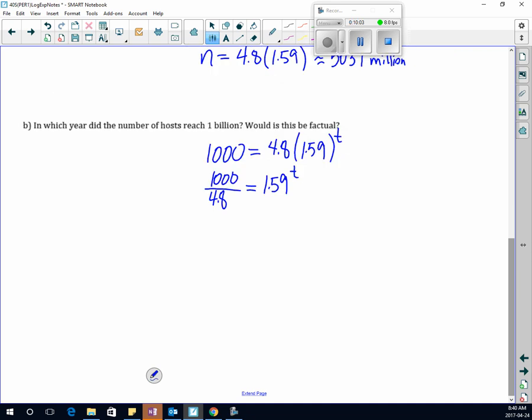We need to log both sides, yeah? So log of 1,000 divided by 4.8 equals t log of 1.59. Is it okay that I skipped a step? It's not okay? Okay. So then t is going to be log of 1,000 divided by 4.8 divided by log of 1.59.